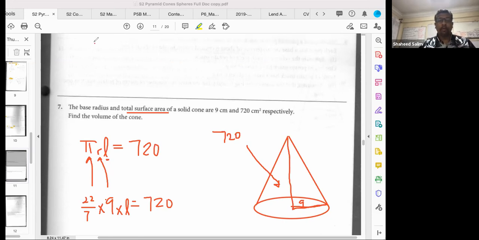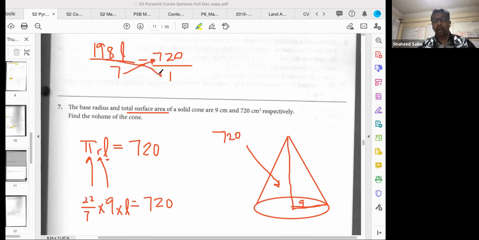So now I get 198 L over 7 equals 720 over 1. Now I leave the L here, I push the 7 on top and I push the 198 below. So that means I get L equals 7 times 720 over 198. Now I've got the L.